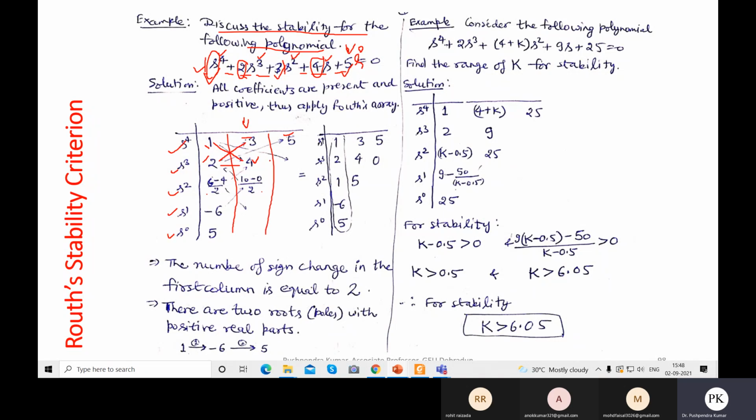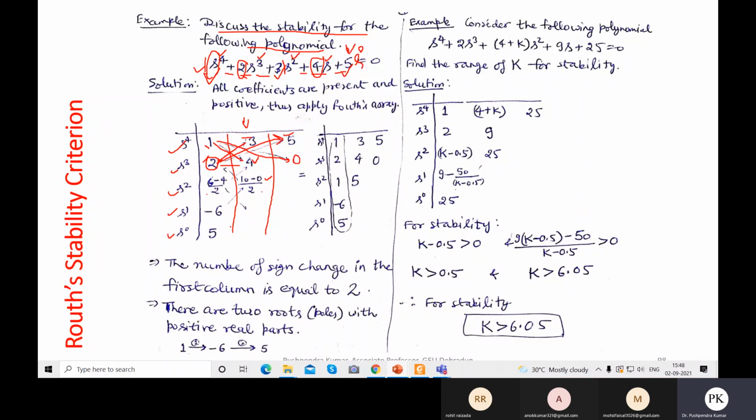What we do: 2 multiplied by 5 is 10, minus 1 multiplied by nothing, assume it is 0. So 10 minus 0, divided by 2, which gives 5.